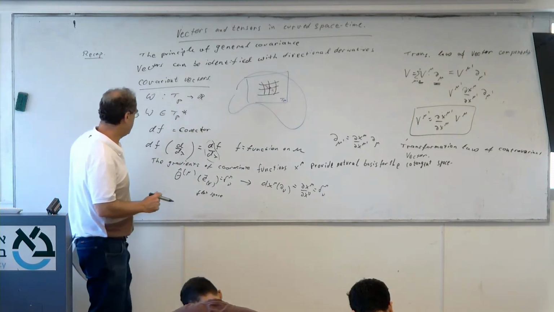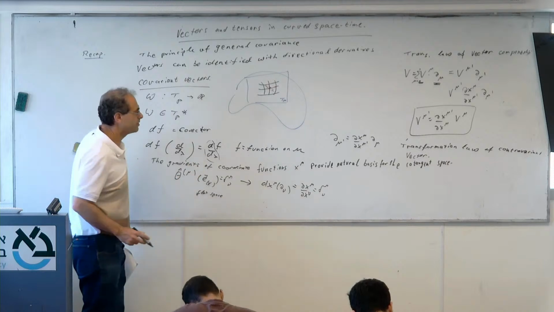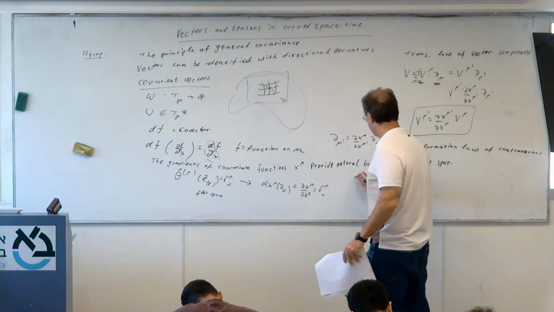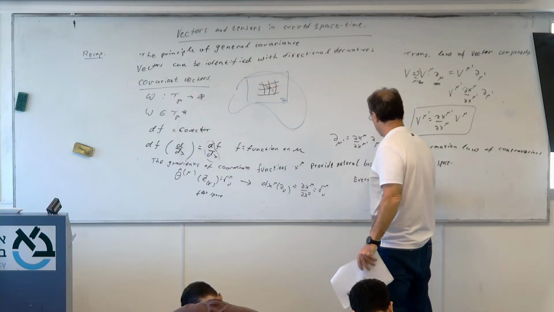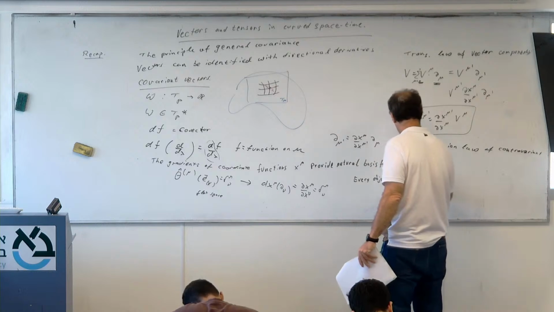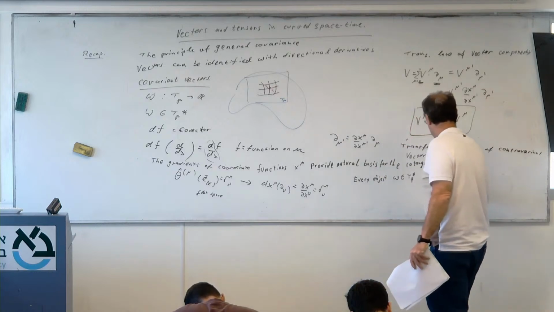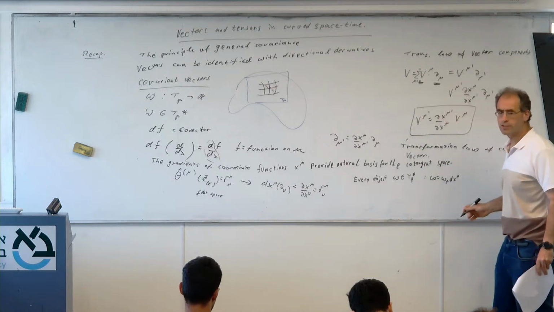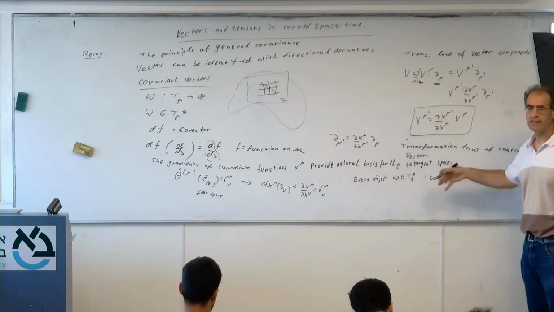So of course, gradients of the coordinate functions were a natural basis for the cotangent space, and being a basis, every object omega that belongs to TP star I can write as omega mu dx mu. Just decompose it into the components in that specific basis.